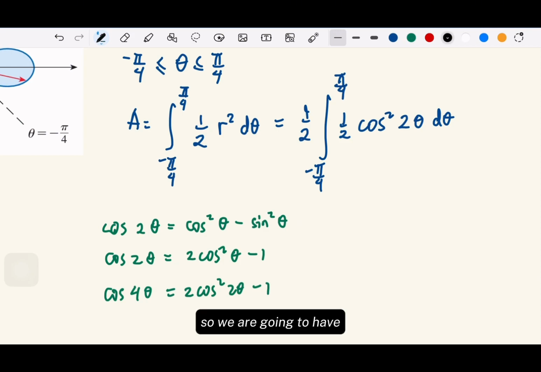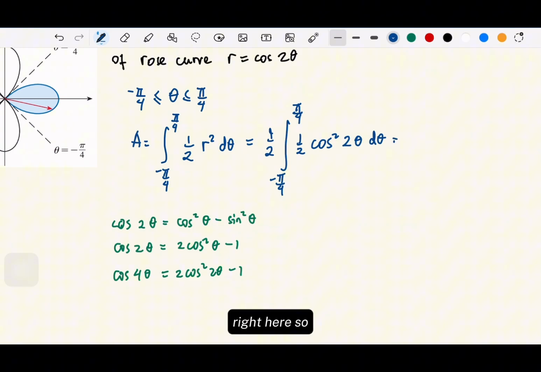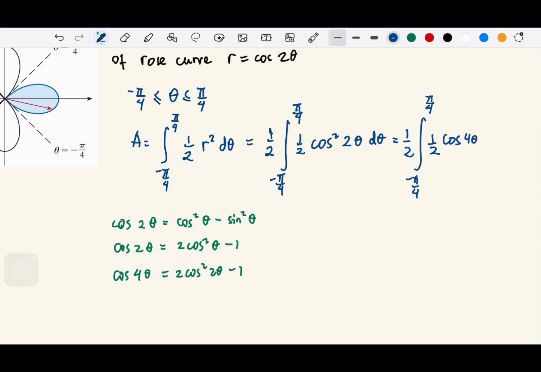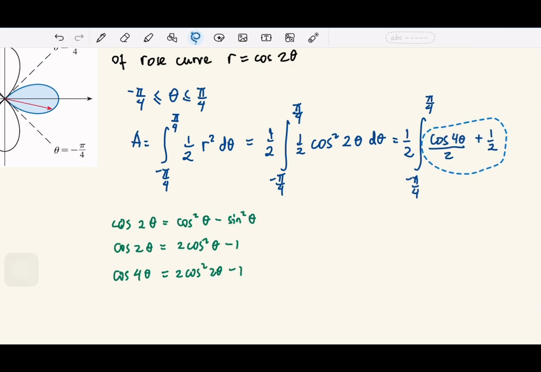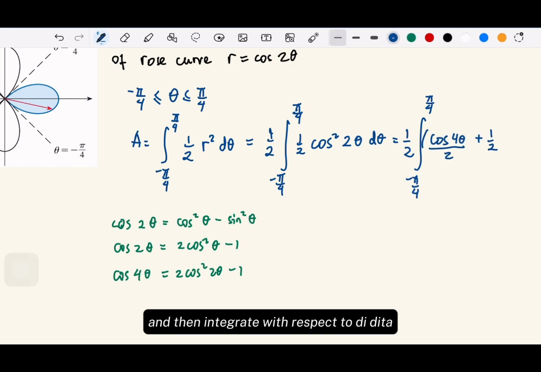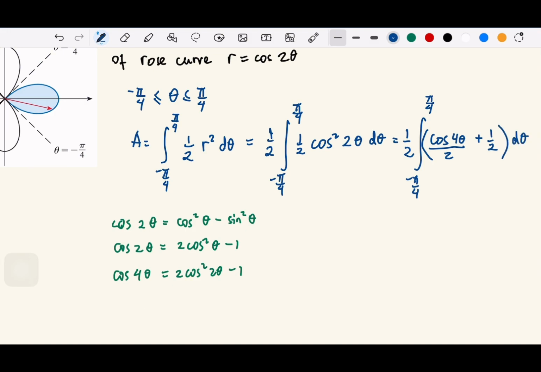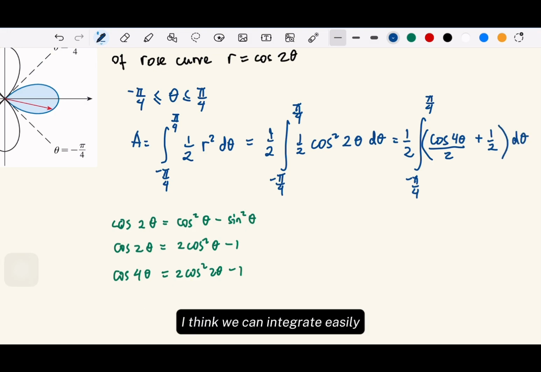So we are going to have half cosine 4 theta plus half, or maybe cosine 4 theta over 2 is better, and then integrate with respect to d theta. Now I think we can integrate easily.